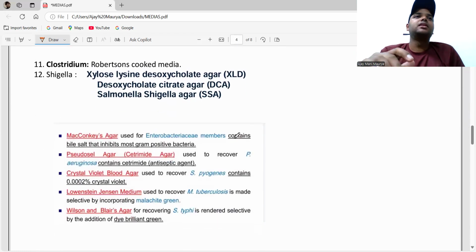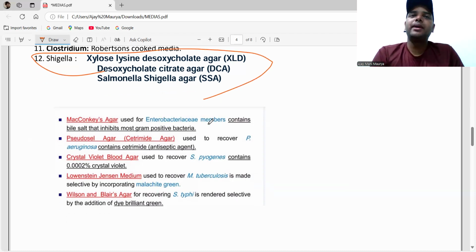For the Clostridium, it is the Robertson's cooked meat media. For Shigella, it is the XLD, xylose lysine deoxycholate agar, and also citrate agar and Salmonella-Shigella agar. Also, MacConkey for the Enterobacteriaceae contains bile salt that inhibits most gram-positive bacteria.